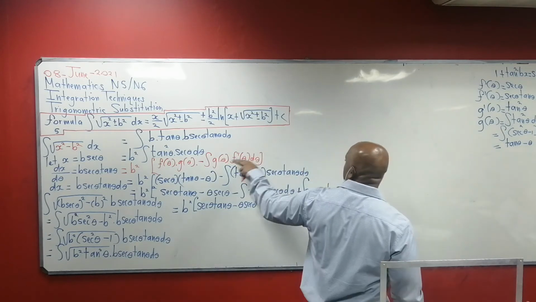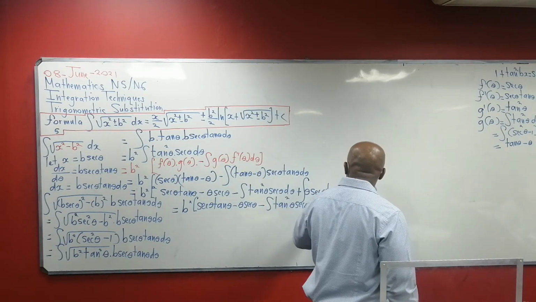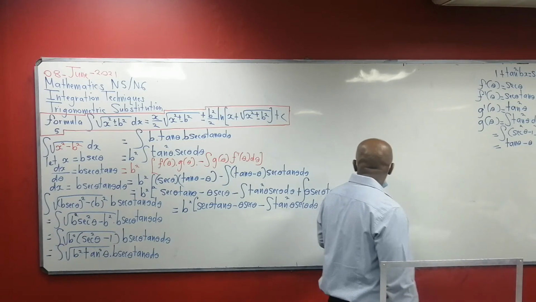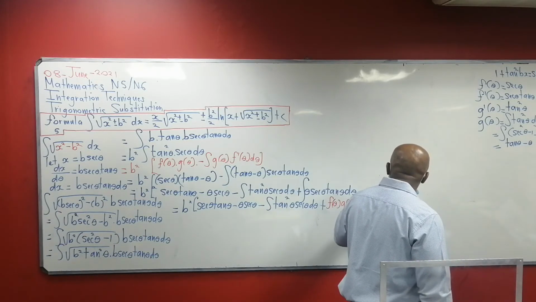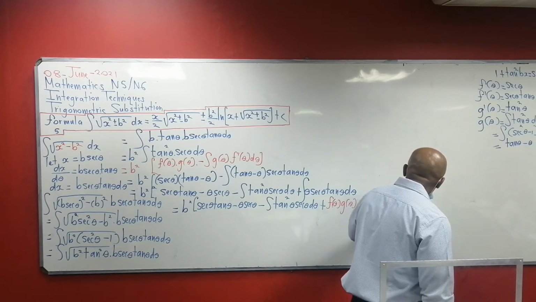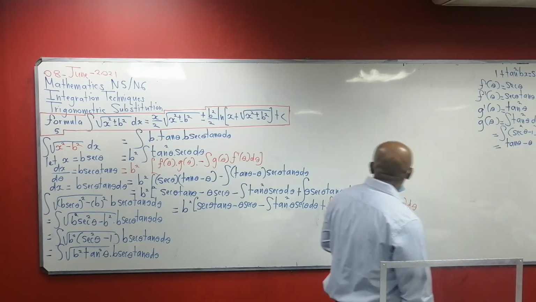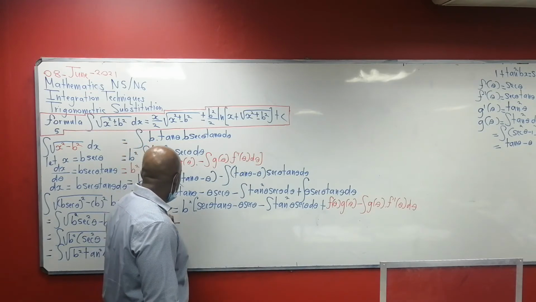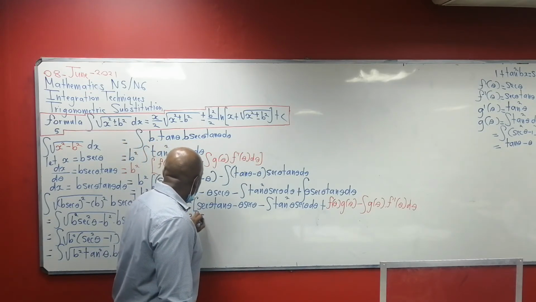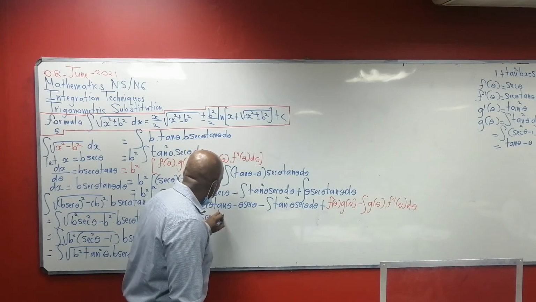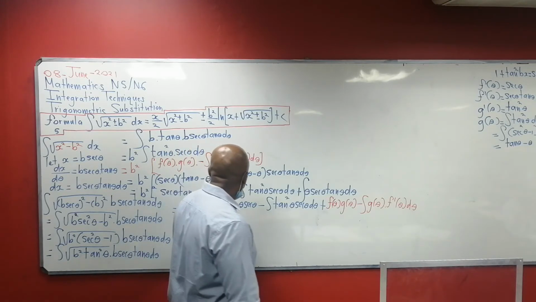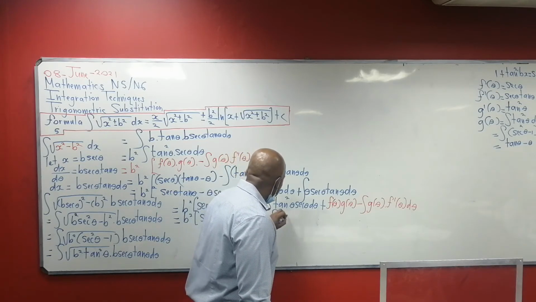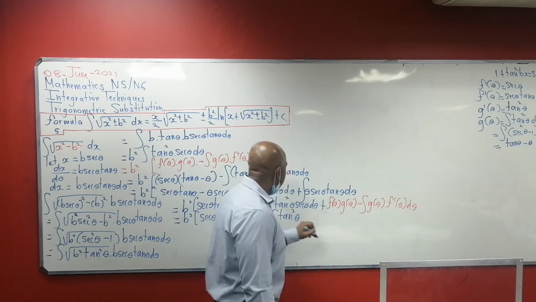I'm going to apply the formula for the second time, which is f of theta g of theta minus the integral of g of theta times f prime theta d theta. Okay, so what's going to happen here now is I got my sec theta tan theta minus theta sec theta, and you can see this takes long to write down.